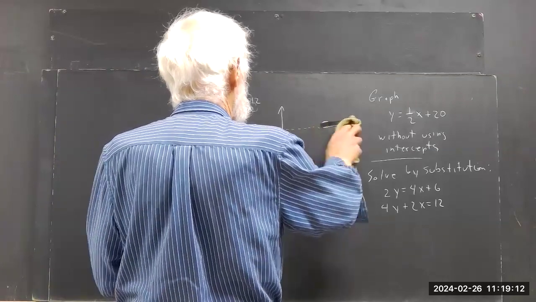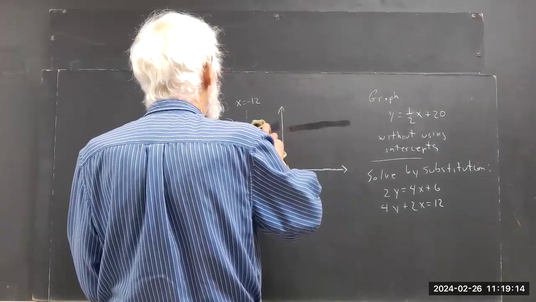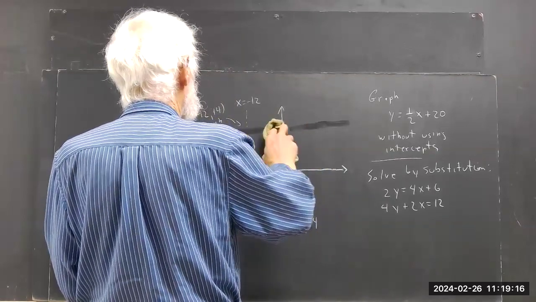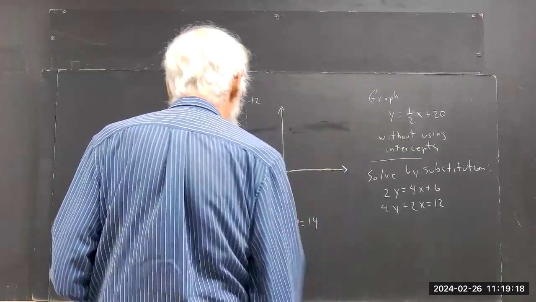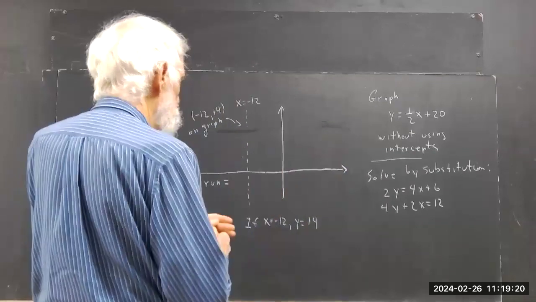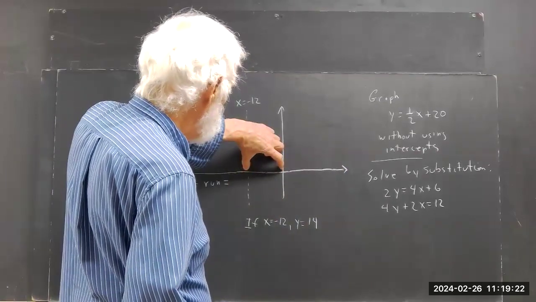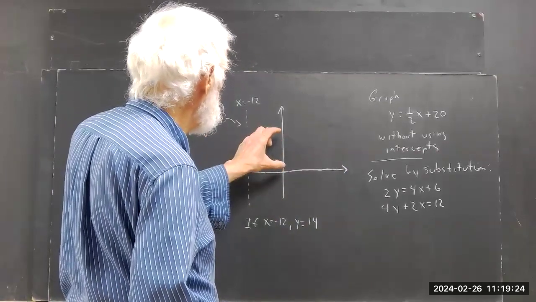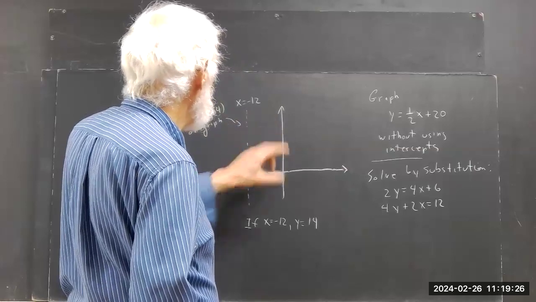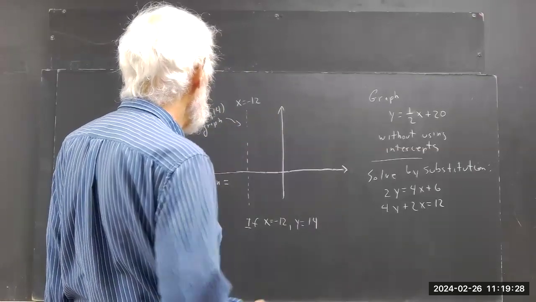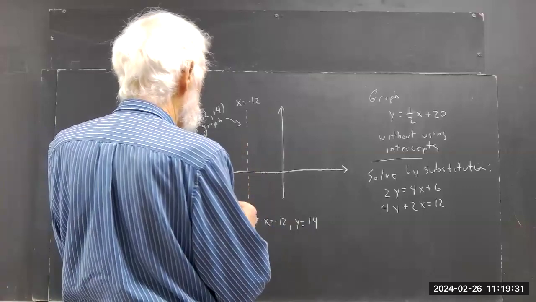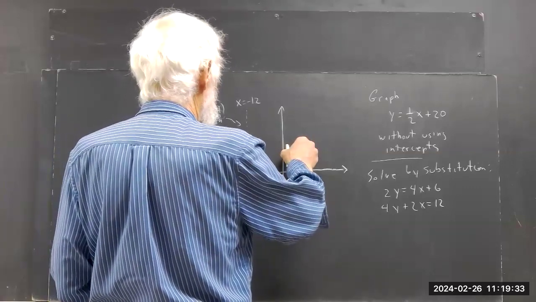What I mean by that is, if x is 12, that's about this big. If y was 12, it would be about here. Actually, it kind of almost looks like I have y equals 14 at about the right place.